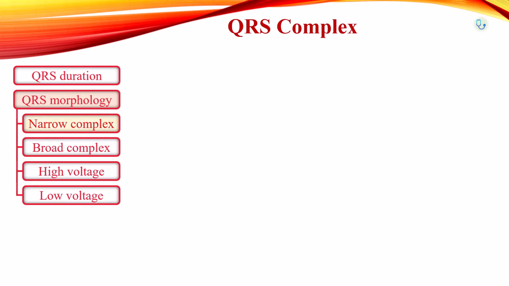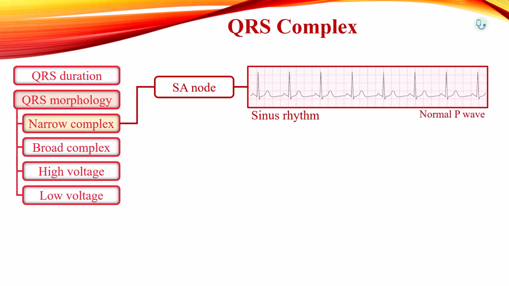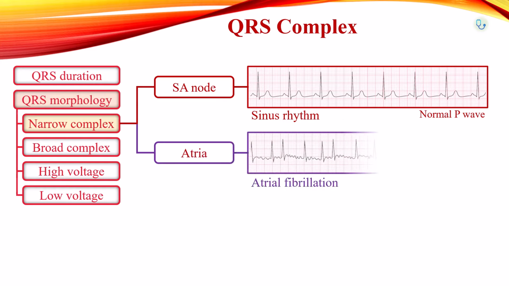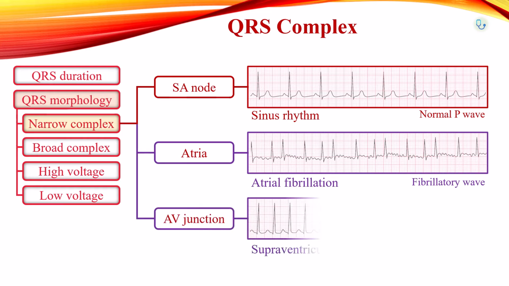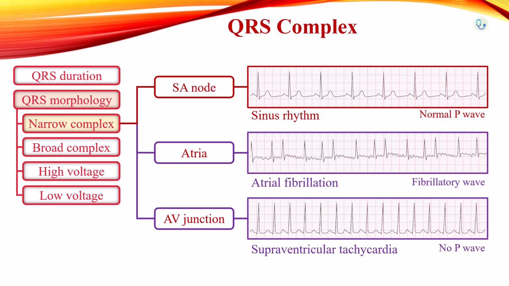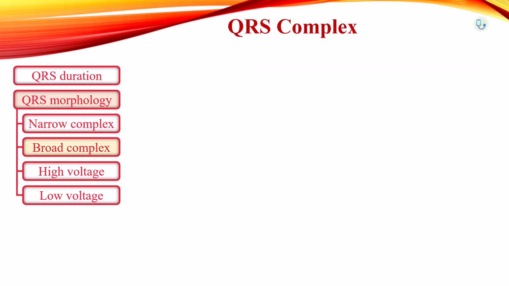Narrow QRS complexes arise from three main origins: from sinoatrial node, with a normal P wave, elsewhere from the atria, in which abnormal P wave, flutter wave or fibrillatory wave can be observed, and AV node or AV junction, in which P wave is not visible or abnormal with PR interval less than 120 milliseconds. QRS duration more than 120 milliseconds is required for the diagnosis of bundle branch blocks or ventricular rhythm.